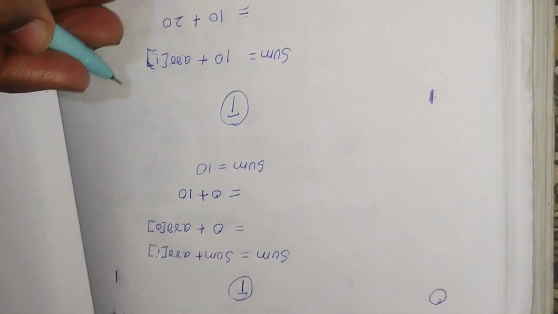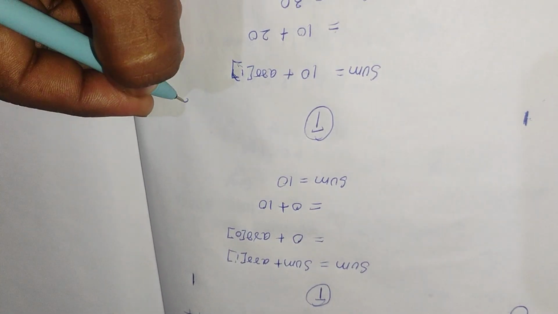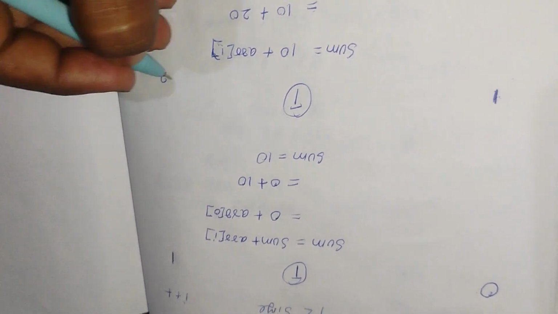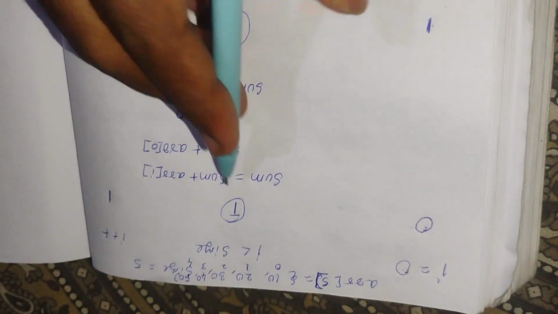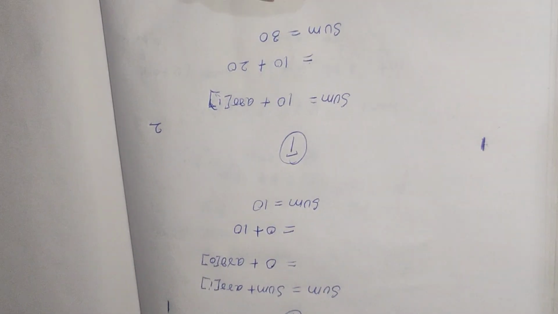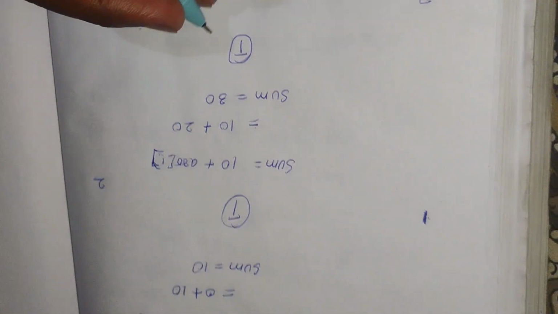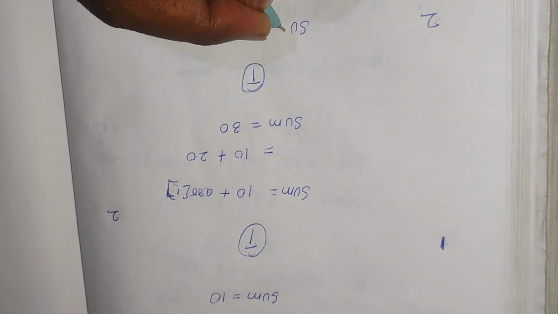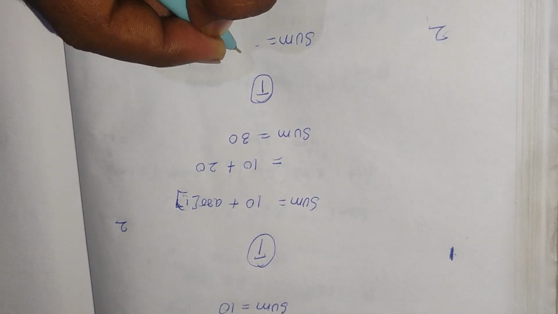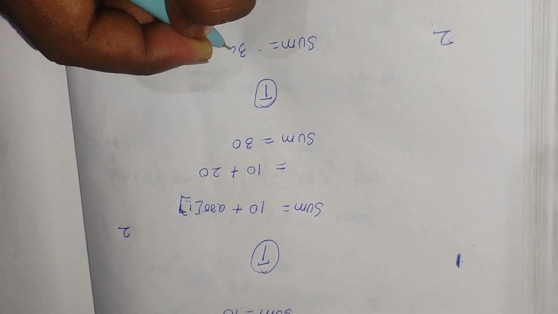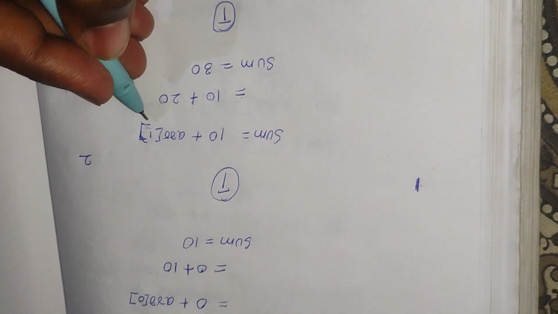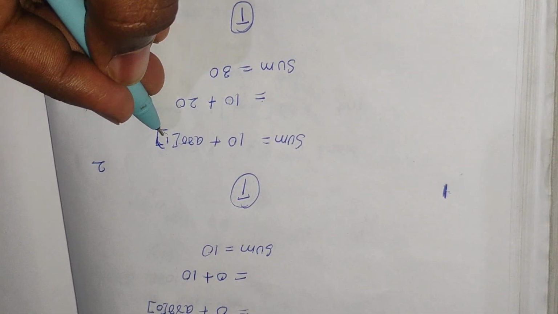Okay. And again the value is going to be incremented to 2. Condition true or false? True. I becomes 2 now. Again sum is equal to 30, the updated value, plus, now this will be index 2.